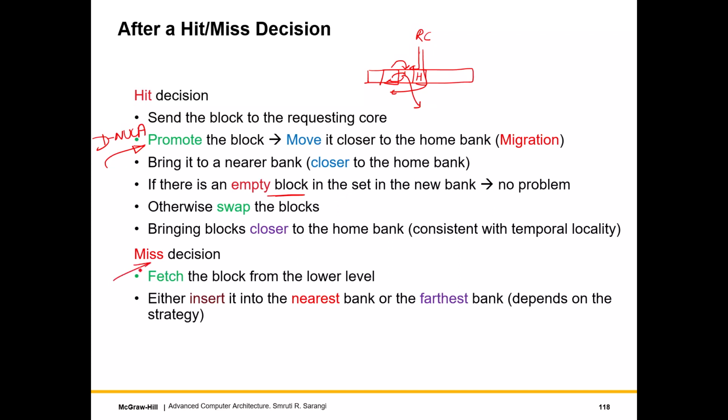If there is a miss, which means you don't find it, then of course you have to fetch it from the lower level. Now the question is, where do you place it? There are multiple options, and the different options are associated with different trade-offs. Either we insert it into the nearest bank, which is the home bank, or we insert it into the farthest bank and let it get promoted over time.